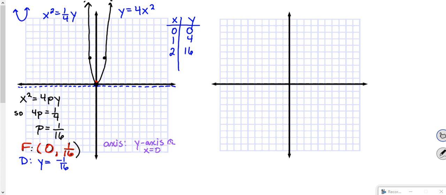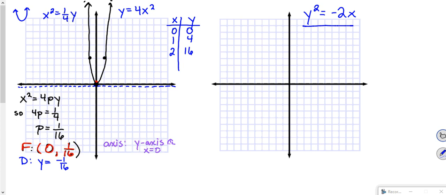Now, number 2, I'm not going to toggle back because I know what it is. Number 2, our equation is y squared equals negative 2x. Well, we know if it's y squared, that means it's a left or right parabola.